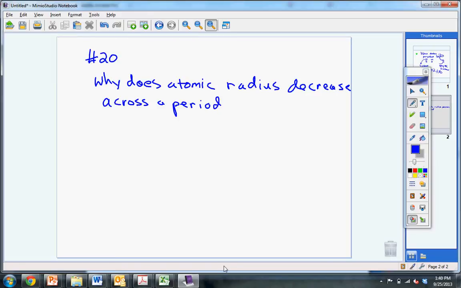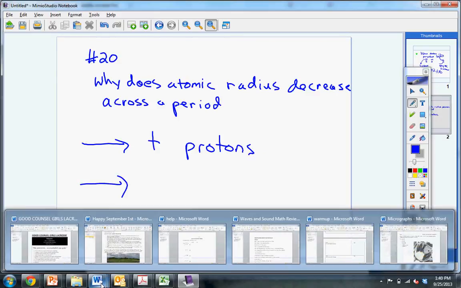You could give some very quick answers. When you move across the period, you're adding protons. That's it. More protons is acceptable as you move across. There is another answer you could have.